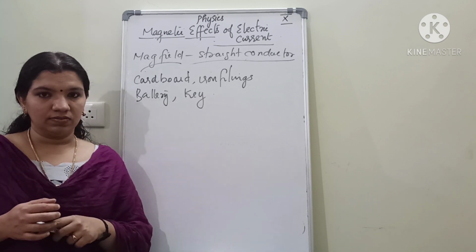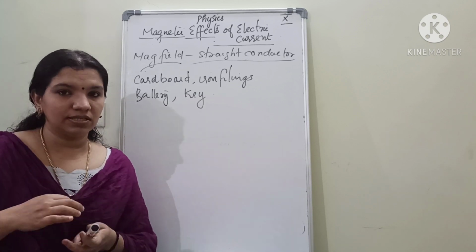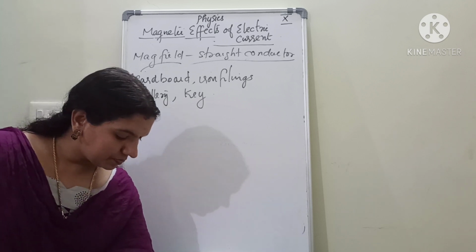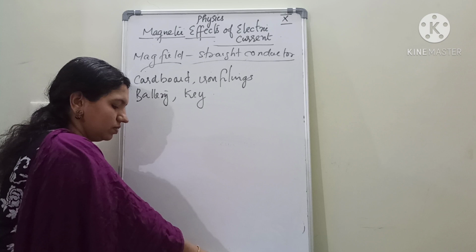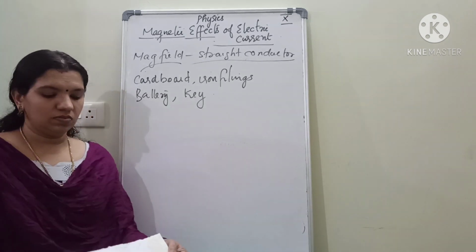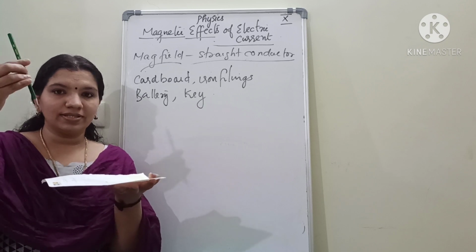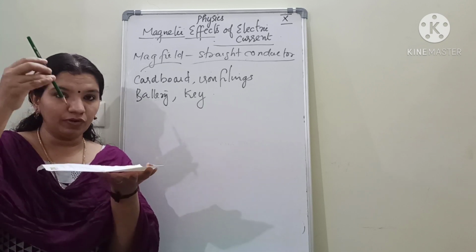Okay, so what you are doing is, first you will take the cardboard, then you will insert a conductor through its center by making a small hole. Okay, suppose this is your cardboard, and this is your straight conductor. What will you do?